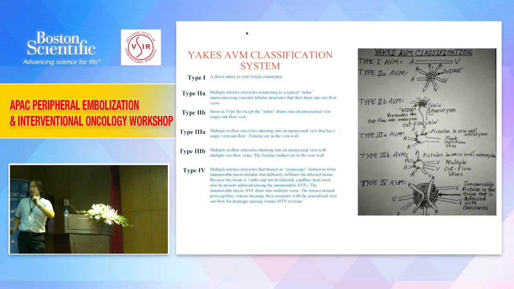Recently Dr. Yakes also proposed the Yakes AVM classification system, which is a little different from the Samsung classification. So we must use the Samsung classification or the Yakes classification to talk about the nidus.